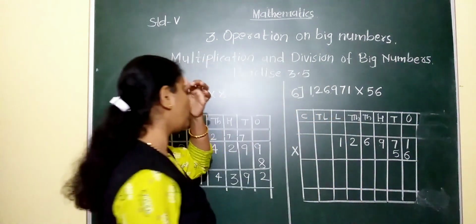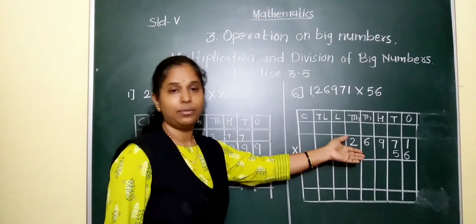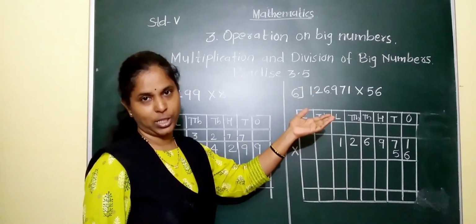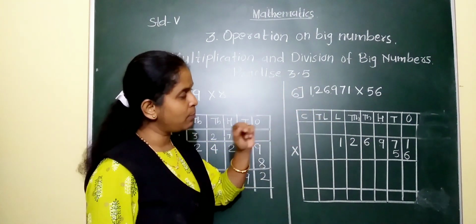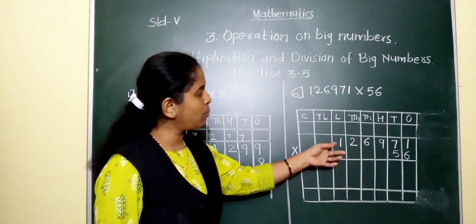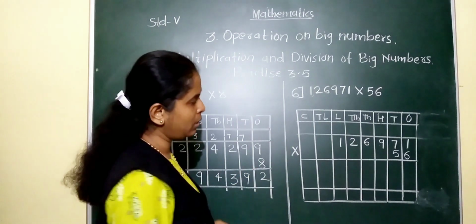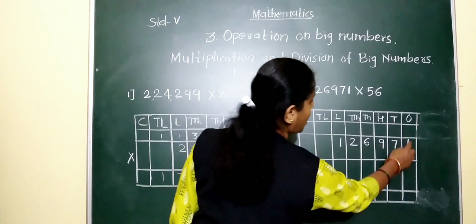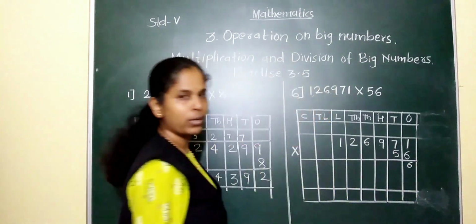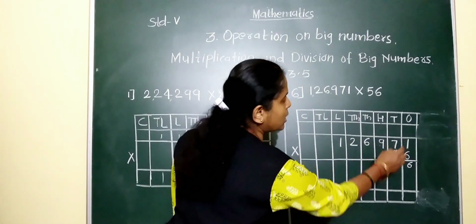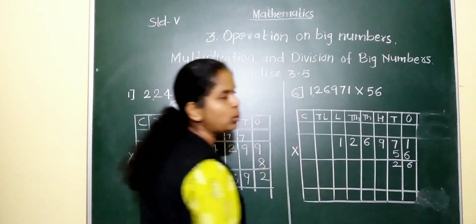Now as a 2-digit number is there and we don't know the table of 56, what will we do? We will multiply this number first with 6 and then with 5, one by one. So now see here, 6 ones are 6. Okay. Now 6 sevens are 42.